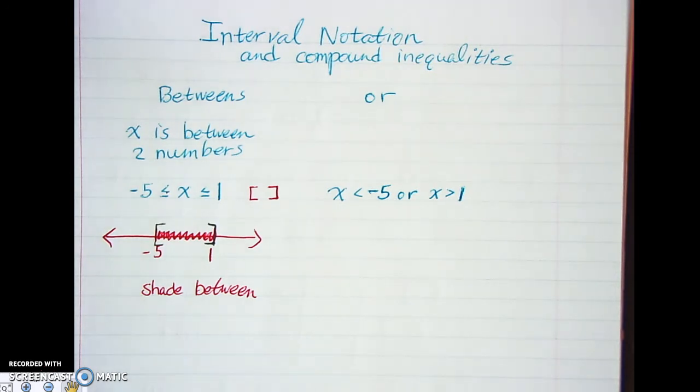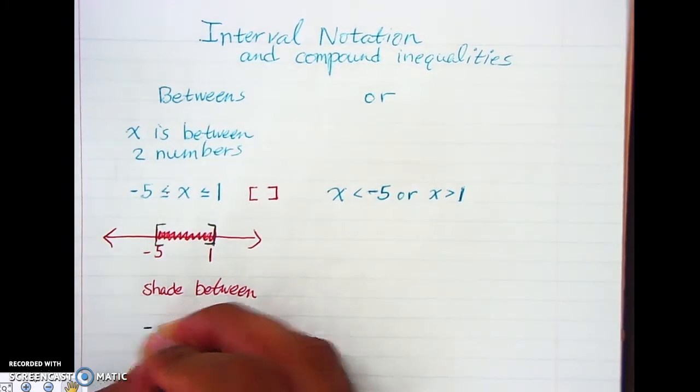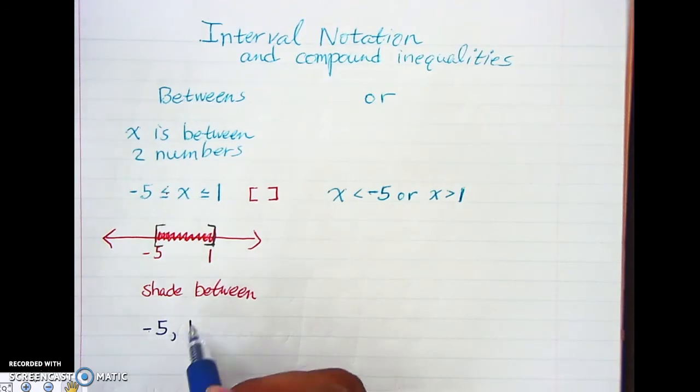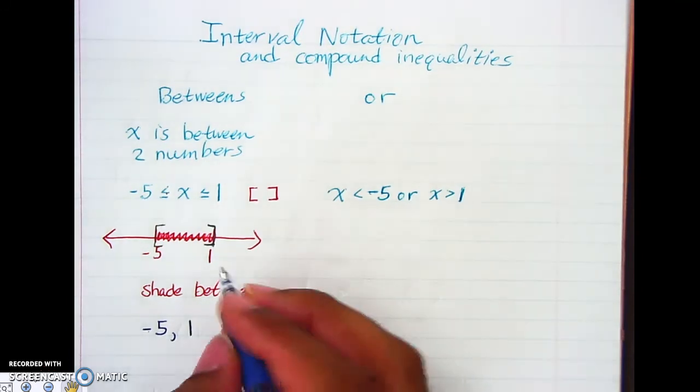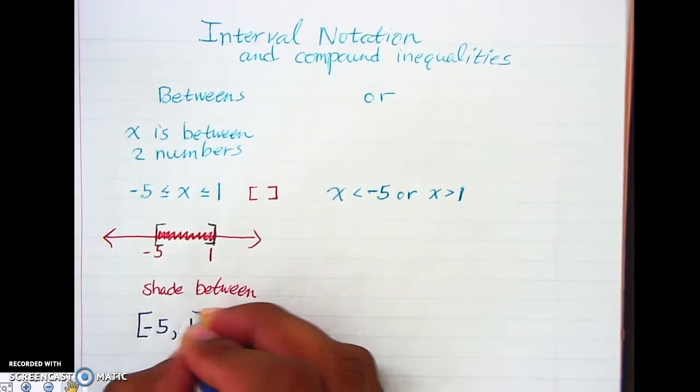But let's go ahead and write that so that we're dealing with interval notation. And that one's going to be even easier because all you have to do is look at what's here and write down what you see. So we know we're going to go from -5 to 1 because it starts at -5, it ends at 1. And then we have a bracket on both of these. So we put brackets around here.